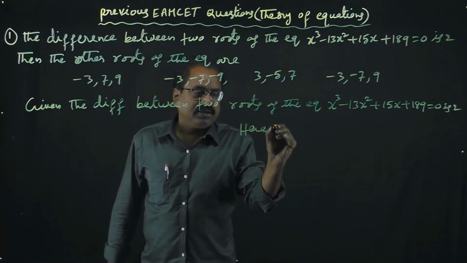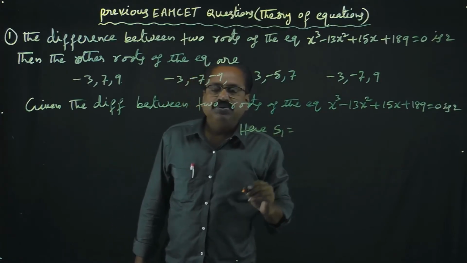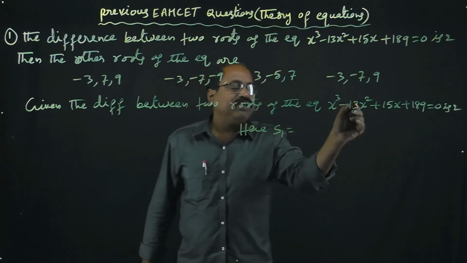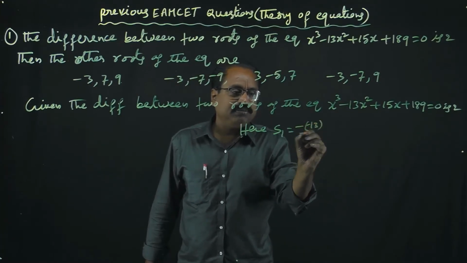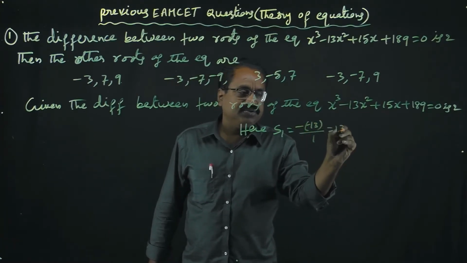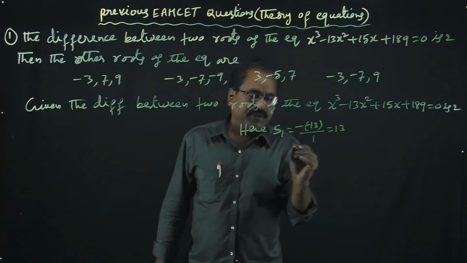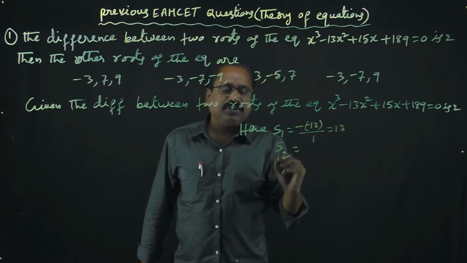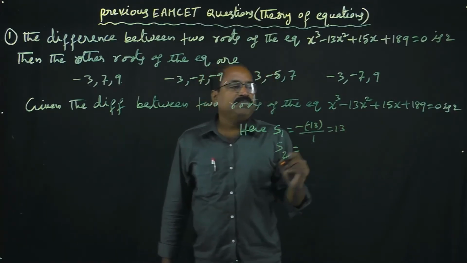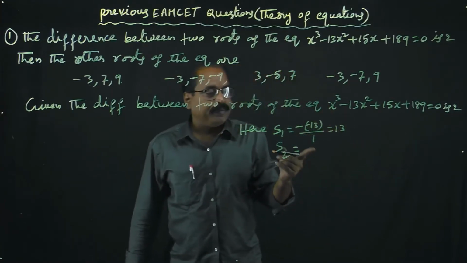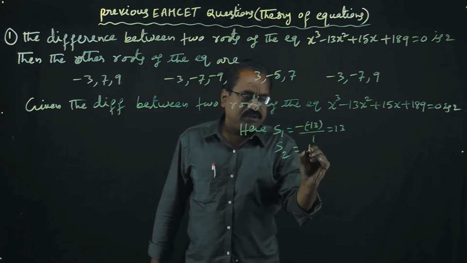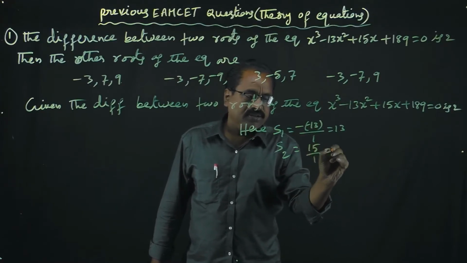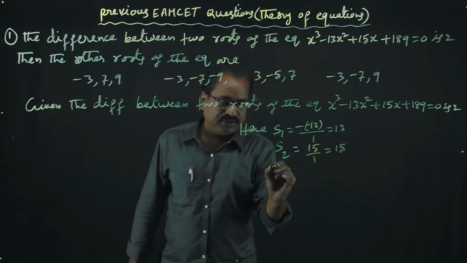Here S1 is equal to sum of the roots, minus a1 by a0, minus of minus 13 by 1, that is equal to 13. S2 is equal to sum of the product of the roots taken 2 at a time, a2 by a0, that is equal to 15 by 1, that is equal to 15.